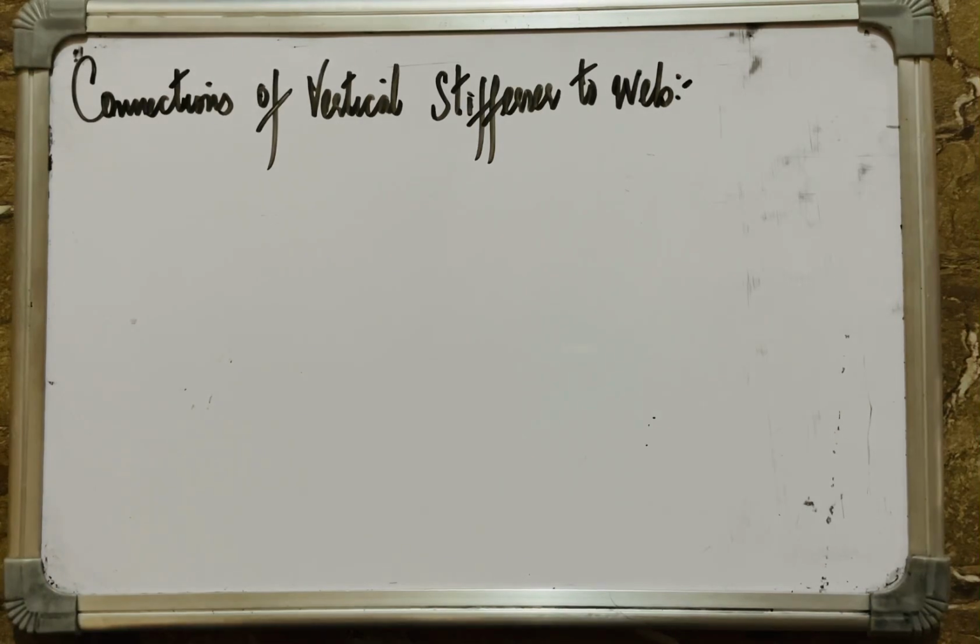Now we have to design the connection of the vertical stiffener to web. What type of fillet weld are we using to provide the connection of this vertical stiffener to web?